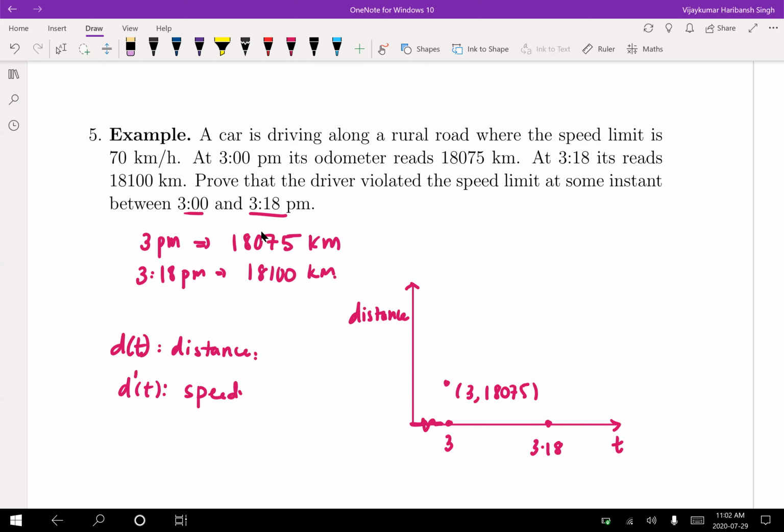And at 3:18 we have 18,100 kilometers. Your distance will be some function here, right? This is how the distance function is going to be, some kind of function in between. Now, what is the slope of this line?